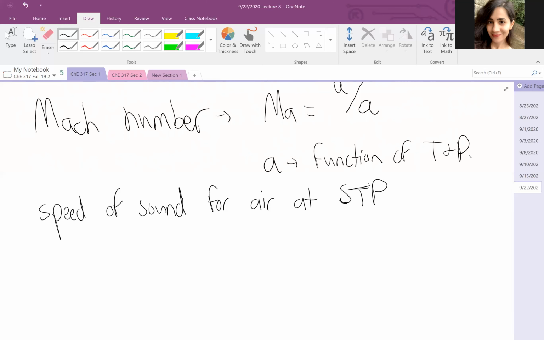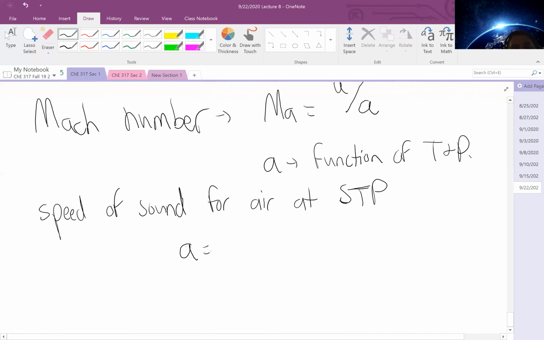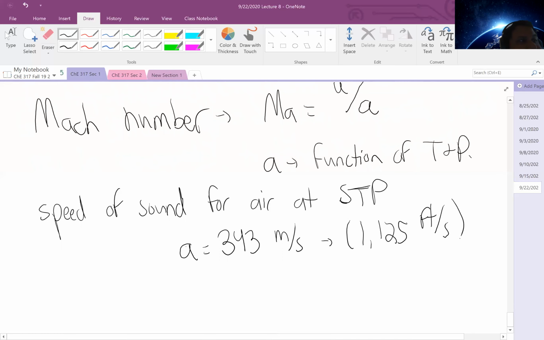It's like 300 something, right? It is 300 and something. Is it 343 meters per second? You are correct. The speed of sound for air is 343 meters per second, or 1,125 feet per second. So moving pretty quick, if I do say so myself.